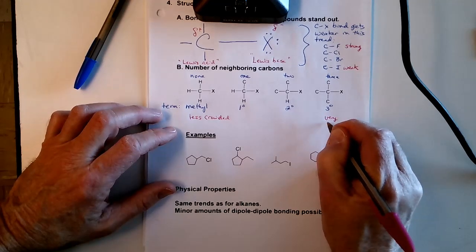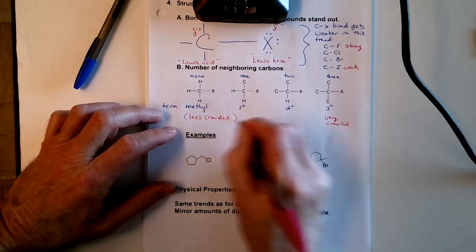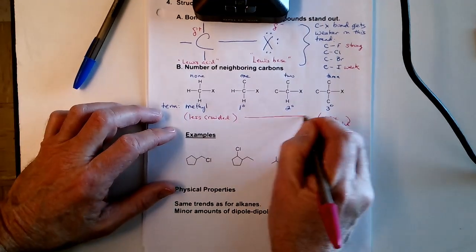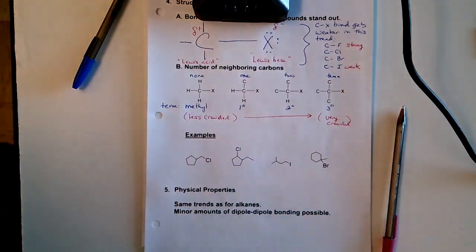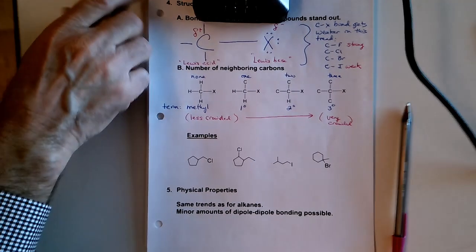On the other end, very crowded. And again, there's a trend in that direction. How crowded something is makes a big difference in reactivity, ranging from really reactive to not reactive at all. We'll get to that kind of example.